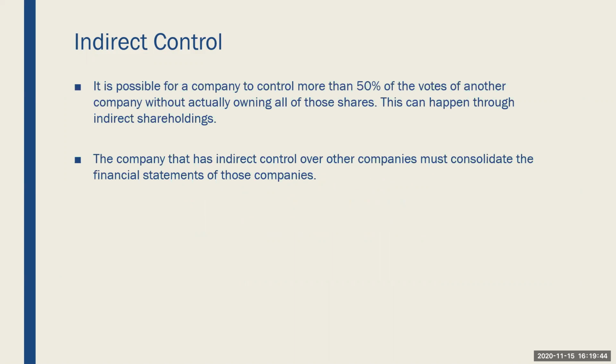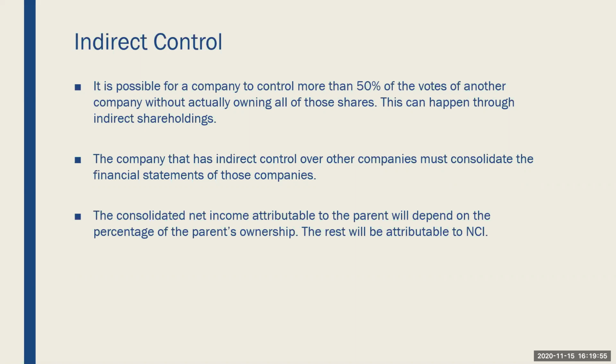When a company has indirect control over other companies, it must consolidate the financial statements of those companies. The consolidated net income attributable to the parent will depend on the percentage of the parent's direct or indirect ownership. The rest is attributable to non-controlling interests.